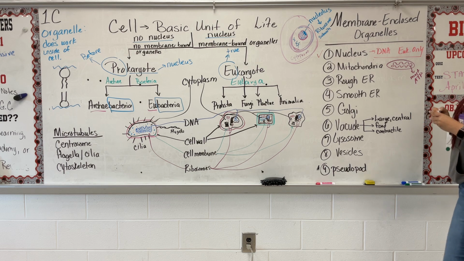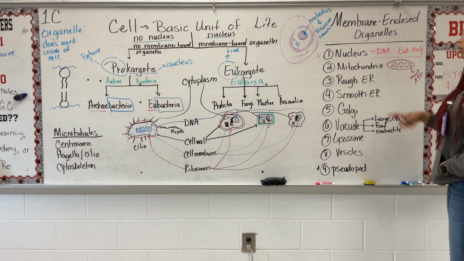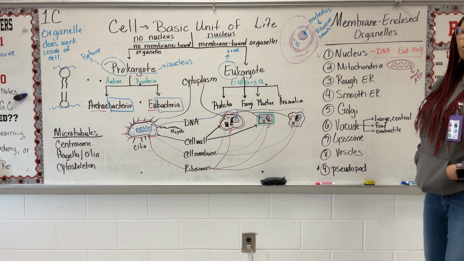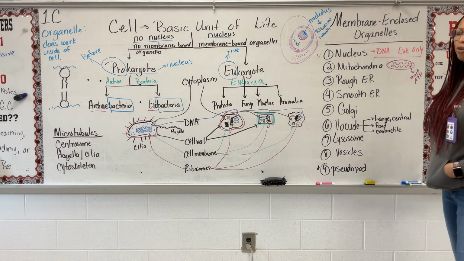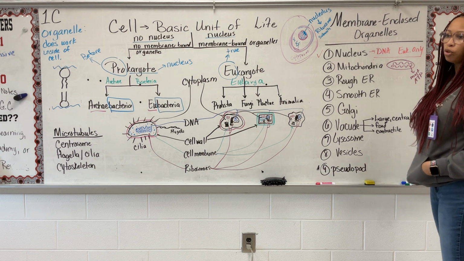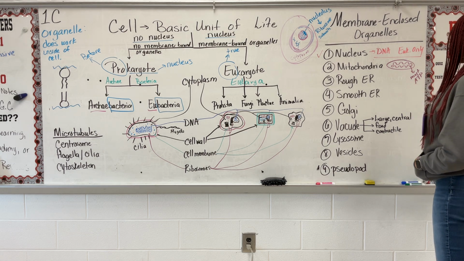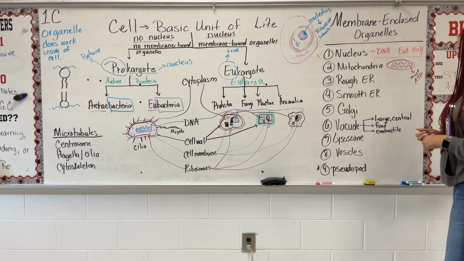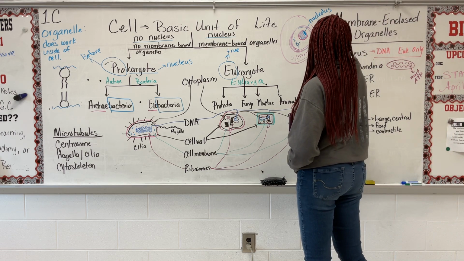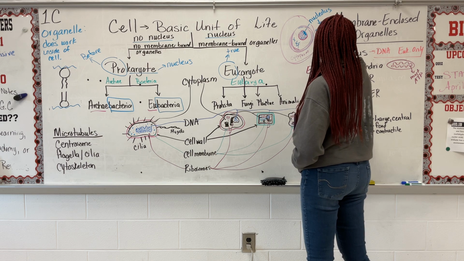Now, the mitochondria only works in aerobic respiration. So during aerobic respiration, the mitochondria can produce anywhere from 34 to 36 ATP total: 2 from the Krebs cycle, and you can get 32 to 34 more from oxidative phosphorylation, which includes the electron transport chain and chemiosmosis. Now, this mitochondria is also going to be found in eukaryotes only, okay?